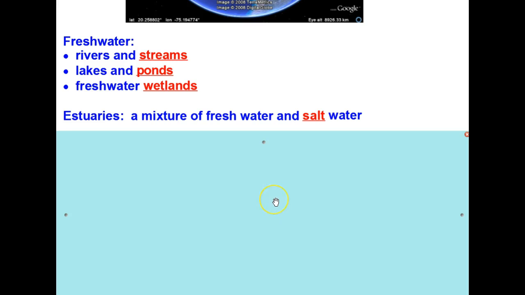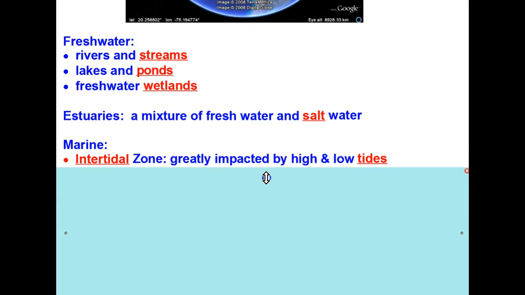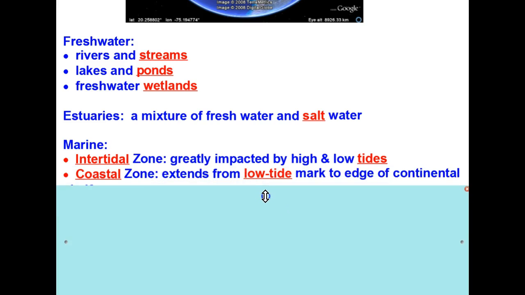That transitions us into aquatic biomes that contain salt water, and these are called marine biomes. Marine biomes, we typically think of oceans and seas. Marine biomes have several zones. There is the intertidal zone, which is greatly impacted by high and low tides. We have the coastal zone, which extends from the low tide mark to the edge of the continental shelf.